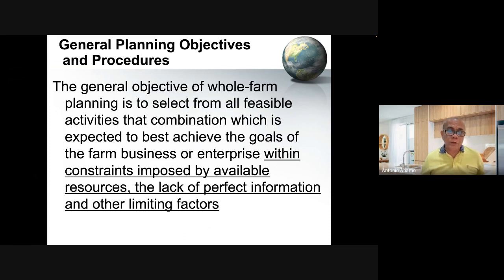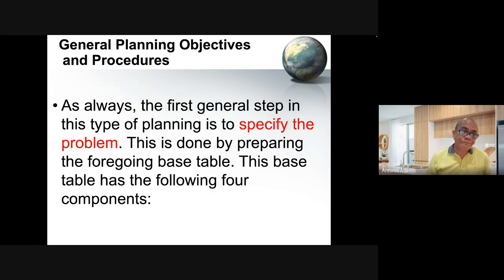In other words, we call this constraint the limiting factor. Land could be a limiting factor. Carabao power or labor could be a limiting factor, or several other factors. We put them all together and simultaneously solve for the optimal farm plan.